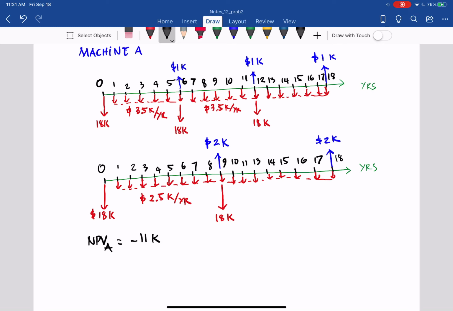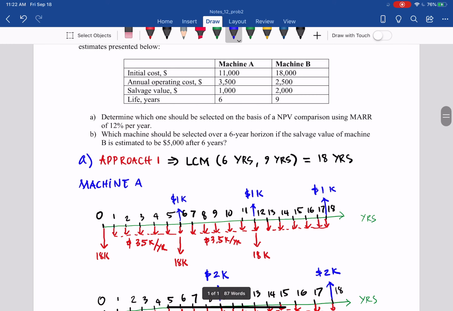It means that 3,500 per year for all 18 years. So the factor is the same amount over the years. For A, we want to find out the PV, present value, so given A, P over A, with the MARR that we have, 12%.